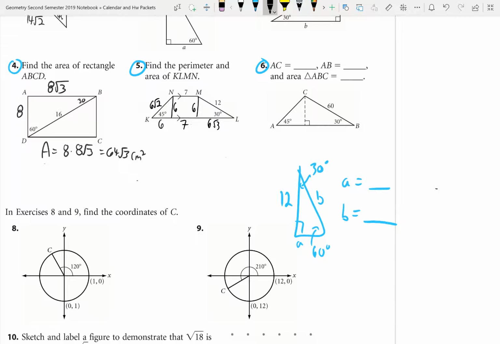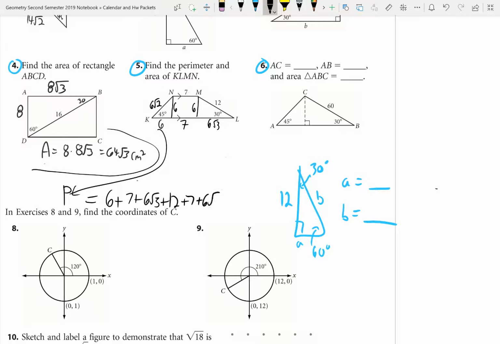And this would be 7. So the perimeter, you kind of show that here. The perimeter equals 6 plus 7 plus 6 root 3 plus 12 plus 7 plus 6 root 2. And I'm going to go ahead and erase this one here. I need more room.